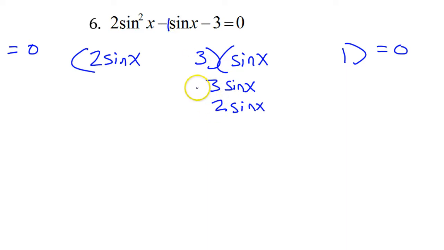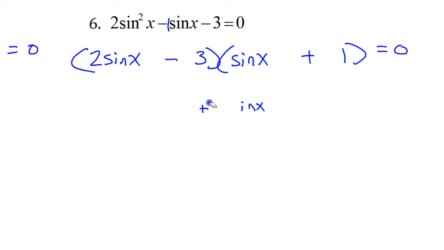I can get negative 1 out of this if I let the first one be negative 3 sine x and the second one be positive 2. That'll make negative 1. So negative 3 goes here, and for positive 2, I need this to be positive. Also, negative 3 times positive 1 equals negative 3. So this is the way it has to be.